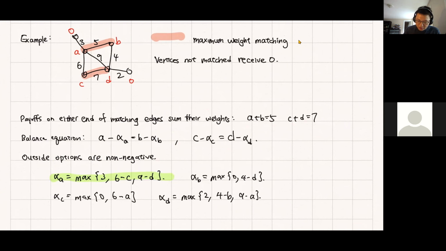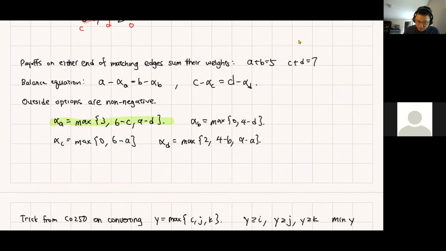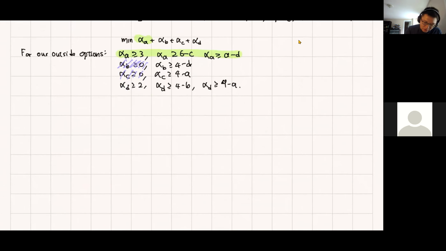So let me combine them into an LP. We are minimizing alpha A plus alpha B plus alpha C plus alpha D, with variables A, B, C, D, and I will only write down the coefficients.